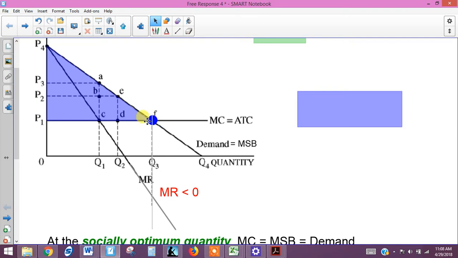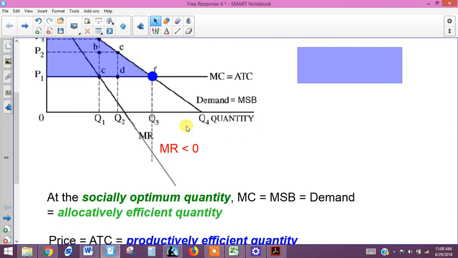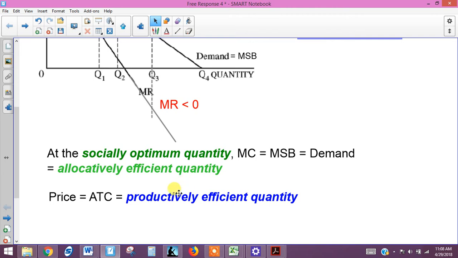So make sure you know the difference between a monopoly being allocatively efficient and productively efficient.